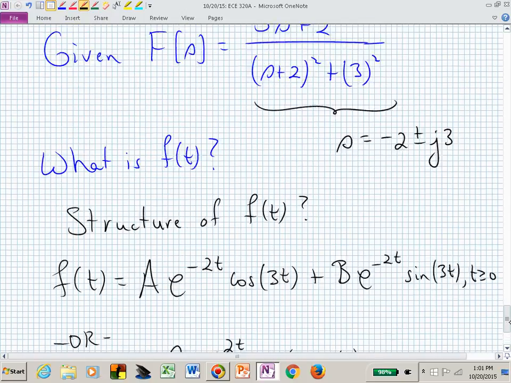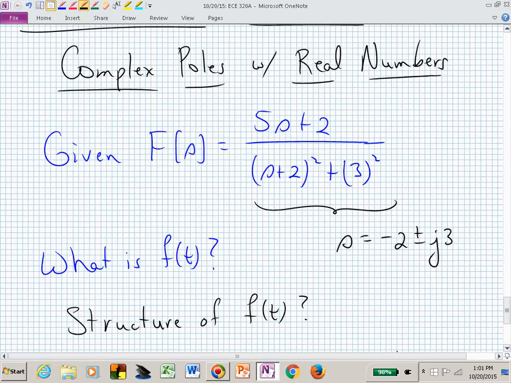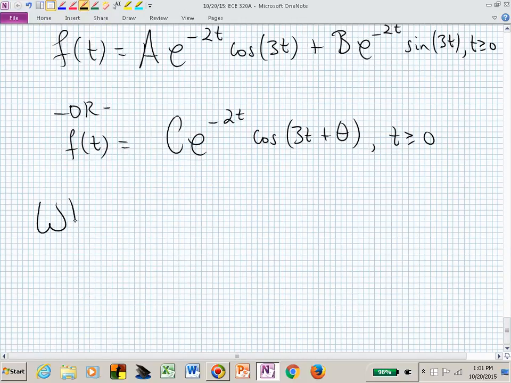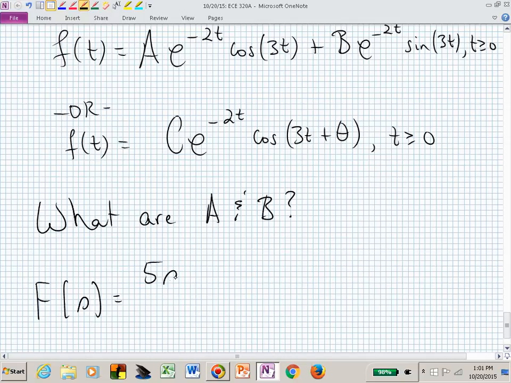Now, if this is capital F of s, maybe I'm asking for more than just the structure. I want to know what is little f of t. Now you could say, let me find or let me evaluate A and B. F of s was 5s plus 2. I know there's going to be a cosine piece and a sine piece. The cosine piece looks like what?